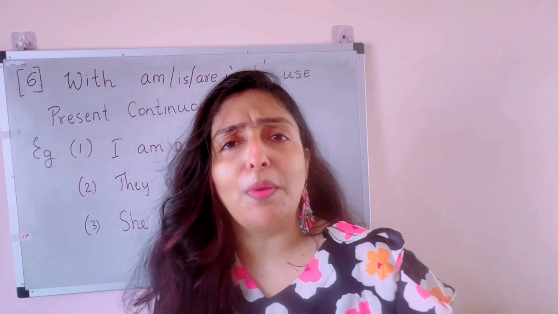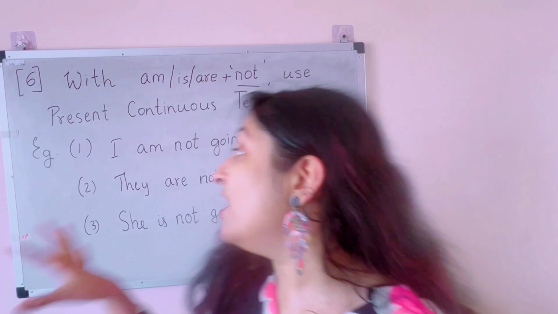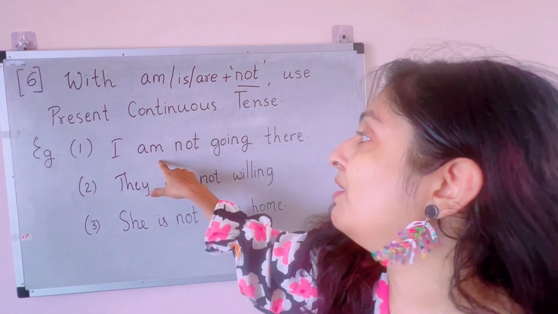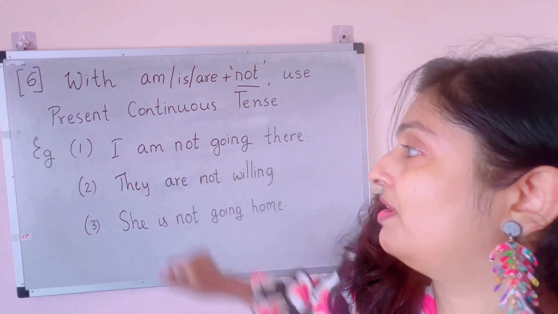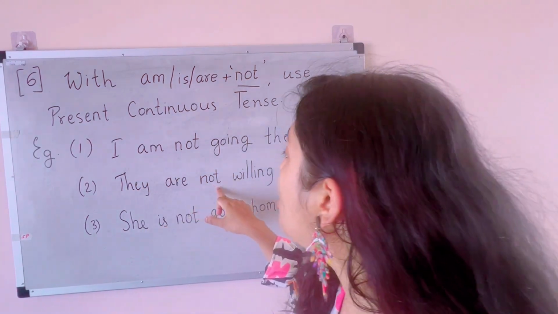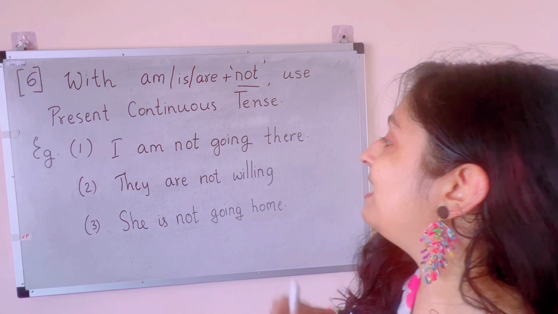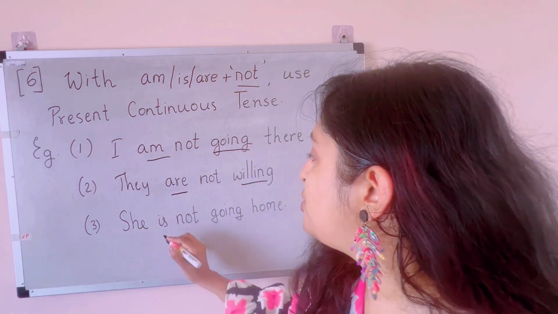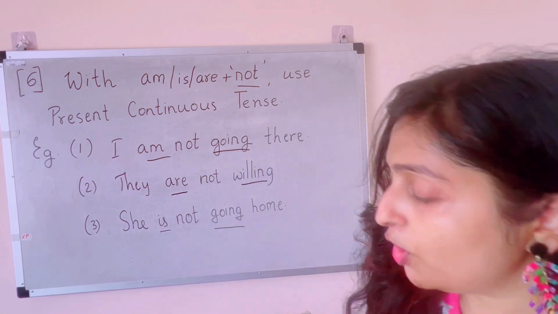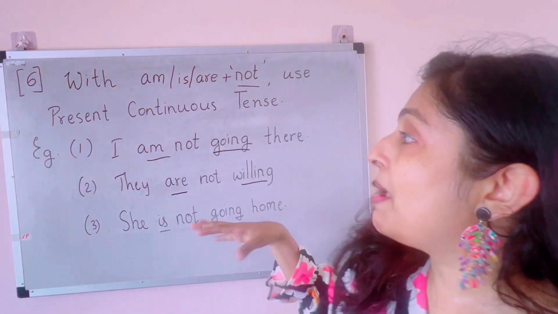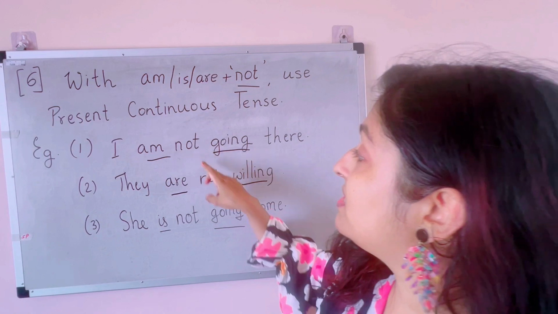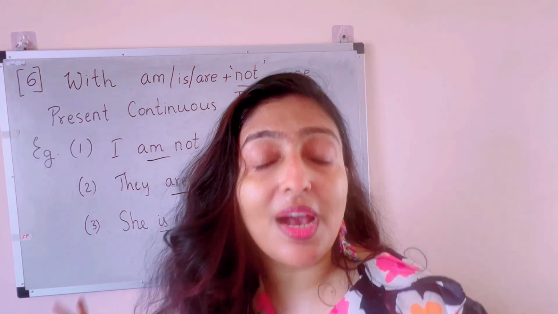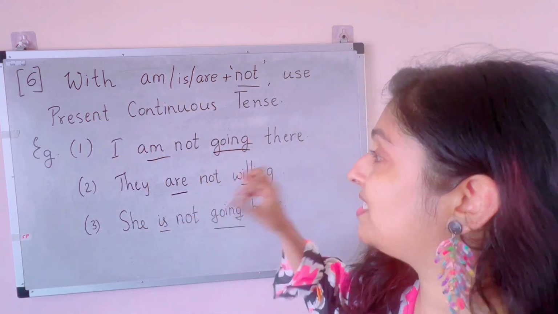I'm not going to the party. So the only option we have is using ing here along with auxiliary verbs. They are not willing. Again, ing. Third example is, she is not going home. So if there is a not in between, then it's going to be present continuous tense.